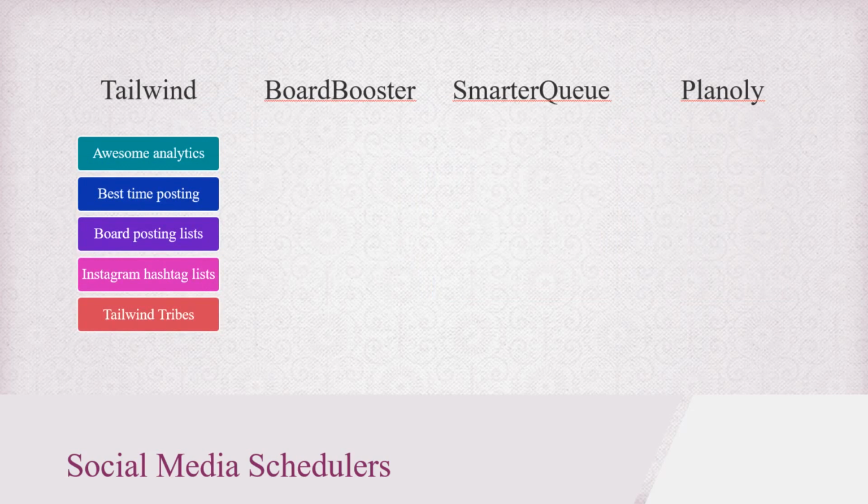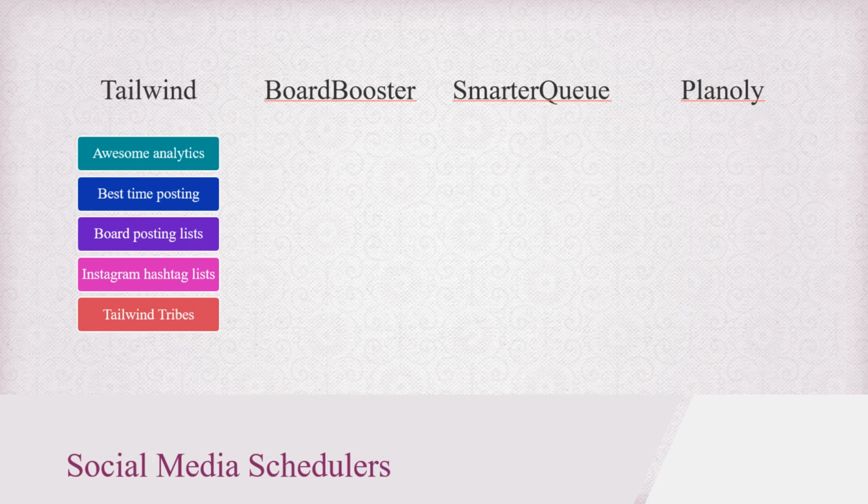So let's talk about Tailwind. I like this because it has awesome analytics for your pins and your Pinterest account. It posts based on the best time to send out posts. So it analyzes your audience and when they're on Pinterest and what they see and whatever else.